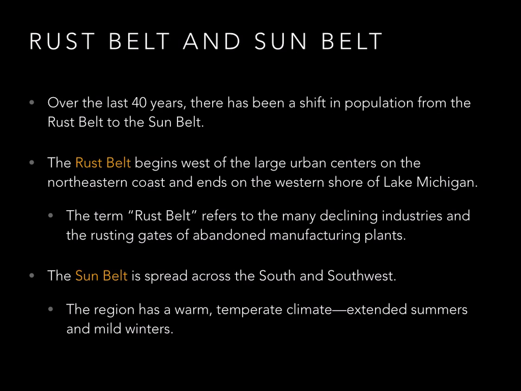The term Rust Belt refers to the many declining industries and the rusting gates of abandoned manufacturing plants. The Sun Belt is located across the south and the southwest. This region has a warm, temperate climate, extended summers, and mild winters.